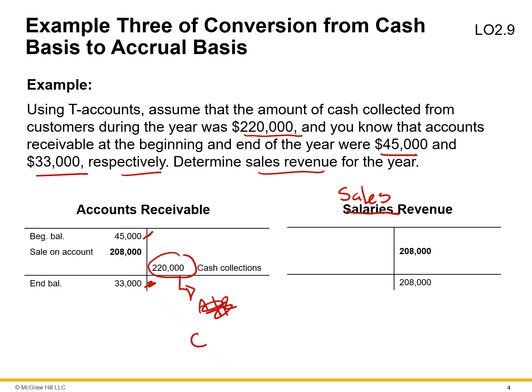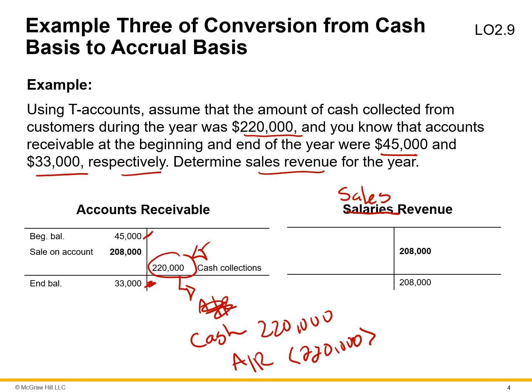When they collected cash, they debited cash for $220,000 and credited accounts receivable for $220,000. That was that entry. That's how this credit comes into play.